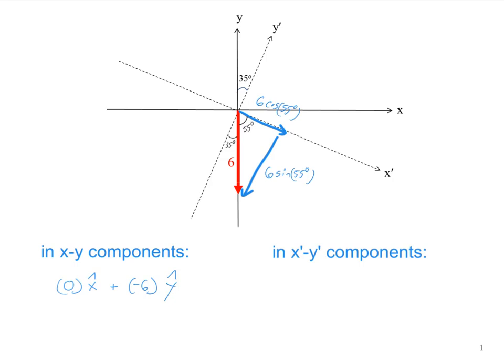So now we're ready to express this vector in terms of its x prime, y prime components. We write it as 6 cosine 55 degrees, and that's in the positive x hat prime direction.